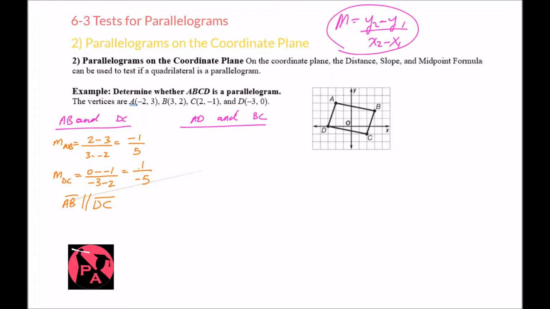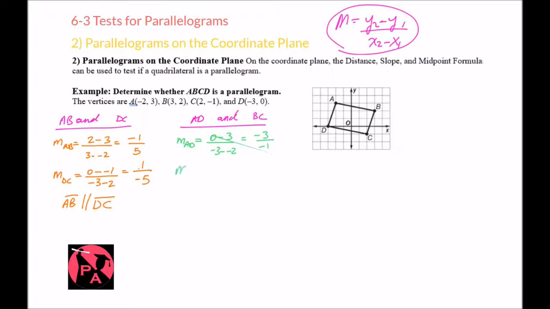Now, let's do the same thing for side AD and BC. Slope of AD. So I'm going to use these 2 points, x1, y1, x2, y2. Subtract the y values, 0 minus 3 divided by negative 3 minus negative 2. Negative 3 divided by negative 1. So I'm going to leave it like that.